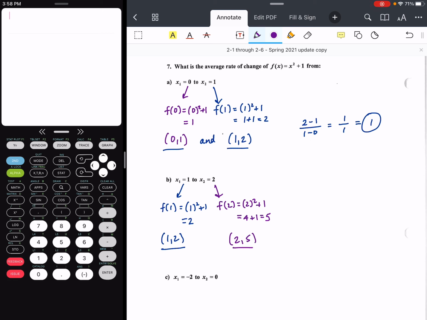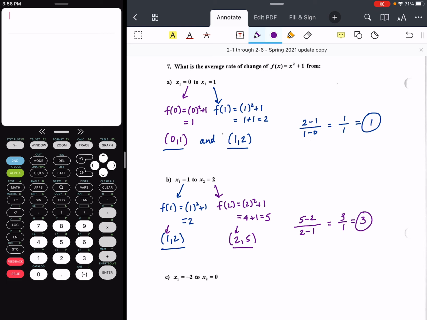To find the average rate of change, I'm just finding the slope between those 2 points. I was given the 2, I was given the 1, I had to find the corresponding y values by plugging the x values into the function. So for the slope, 5 minus 2, subtract my y values, over 2 minus 1, gives me 3 over 1. So average rate of change is 3.